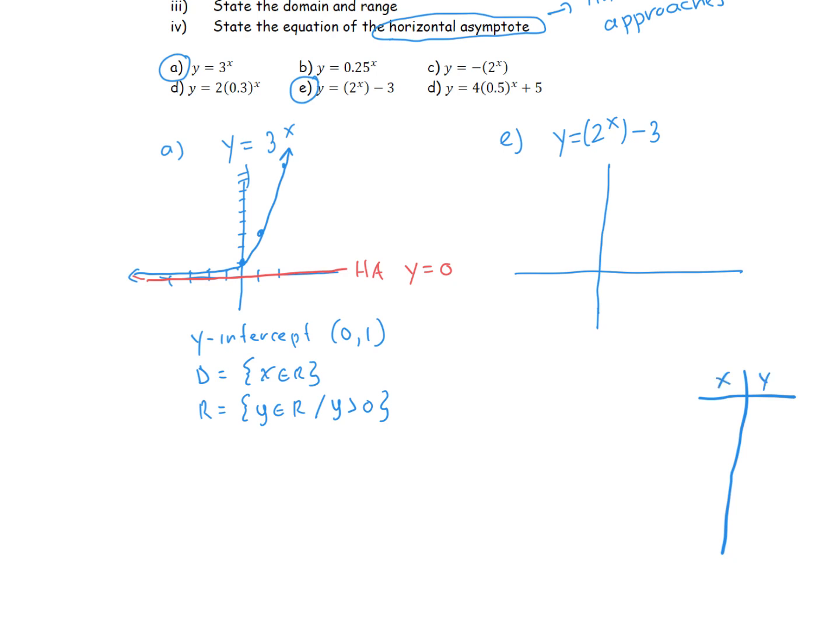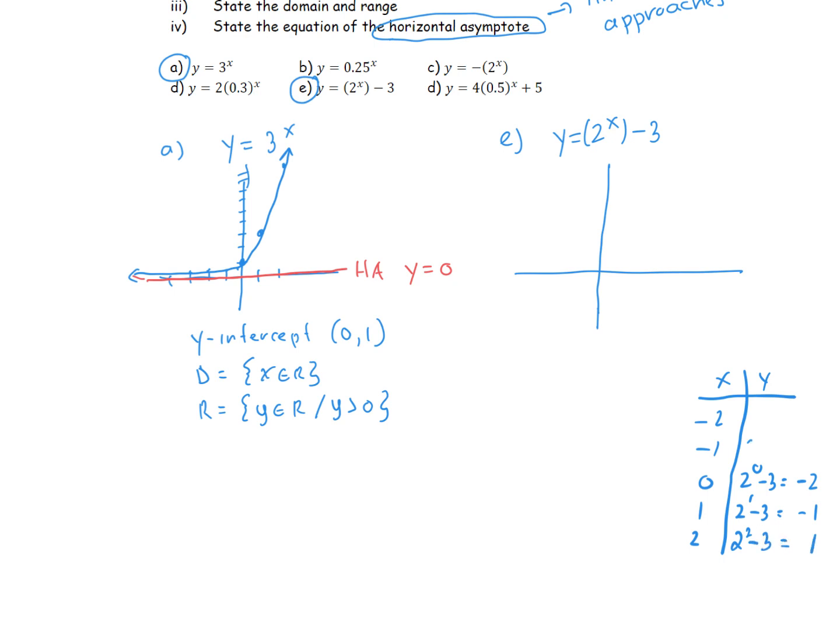So I'm going to do -2, -1, 0, 1, 2. So 2 to the power 0 minus 3. So that's 1 minus 3 is -2. 2 to the power 1 minus 3 is -1. And 2 to the power 2 is 4 minus 3 is +1.